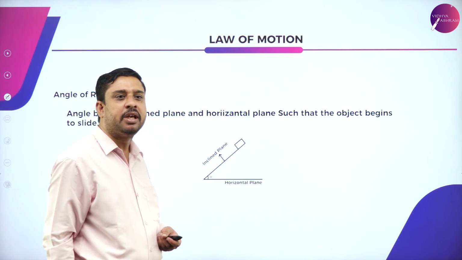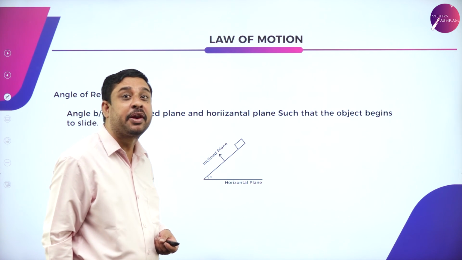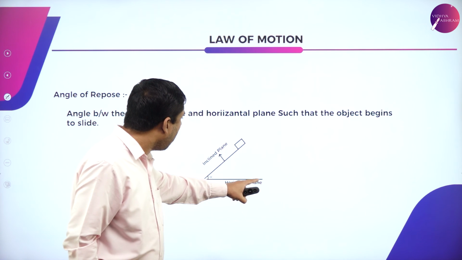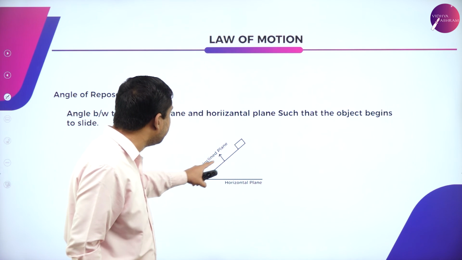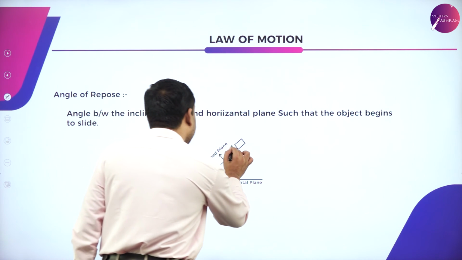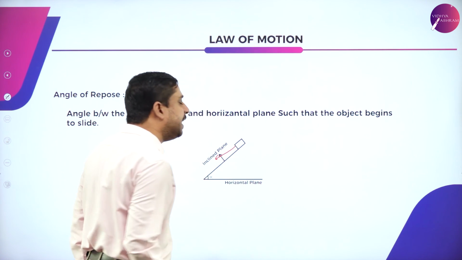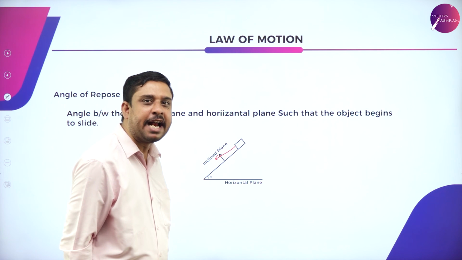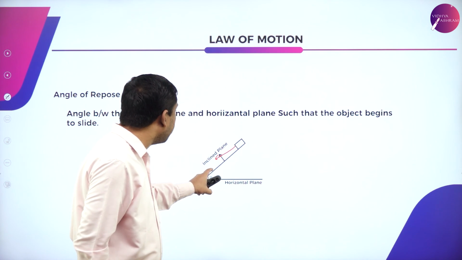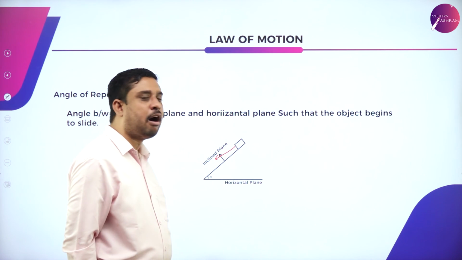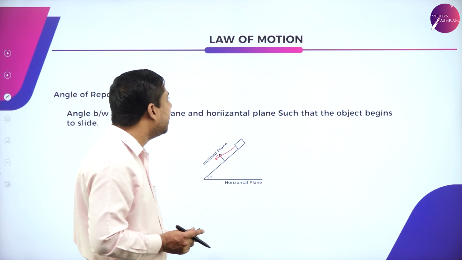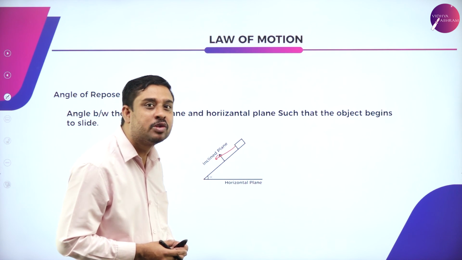Now we study something called angle of repose. Here, we have a horizontal plane and an inclined plane. The body starts moving down on this inclined plane at some angle alpha, and alpha is called the angle of repose.